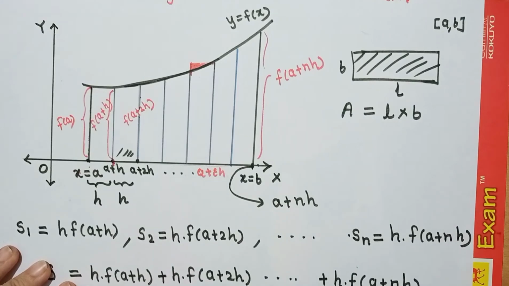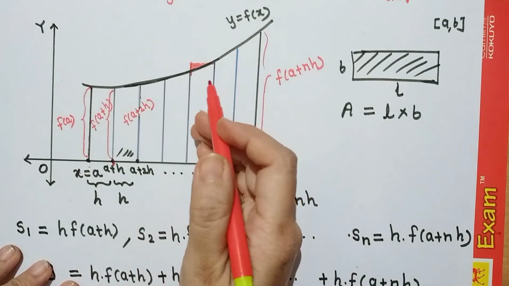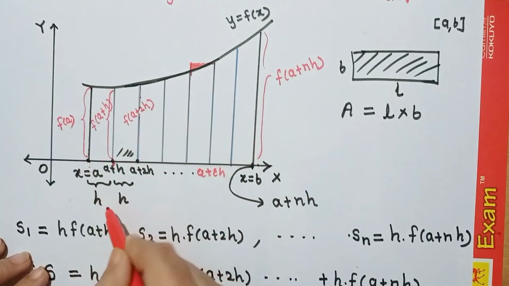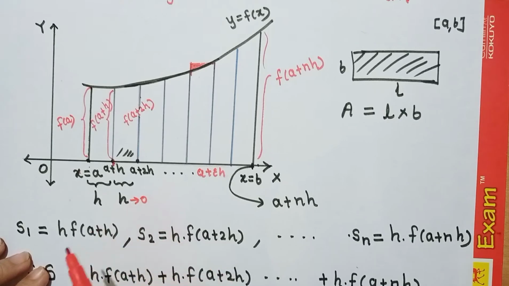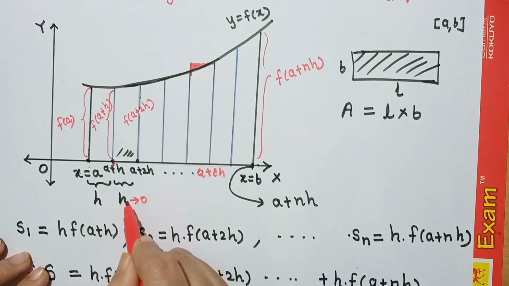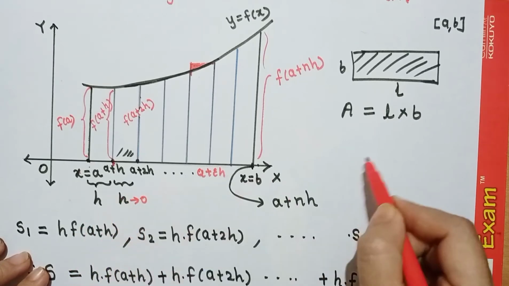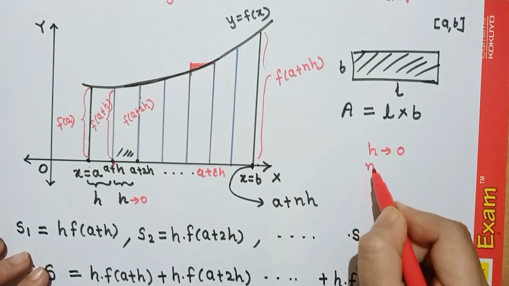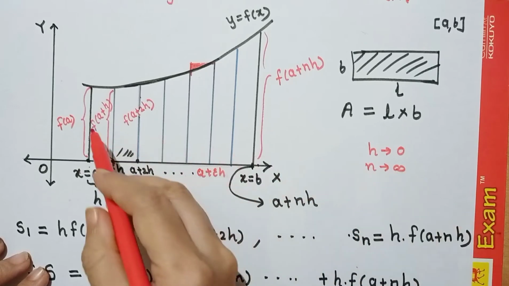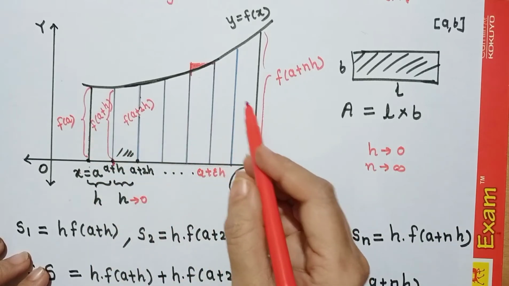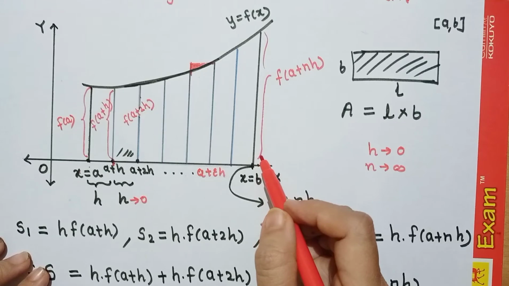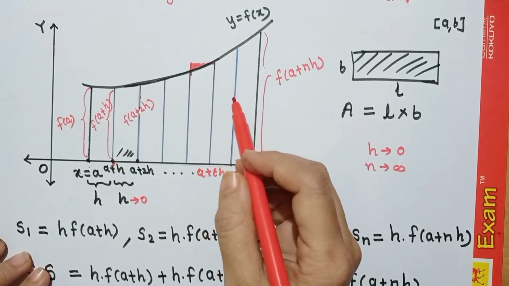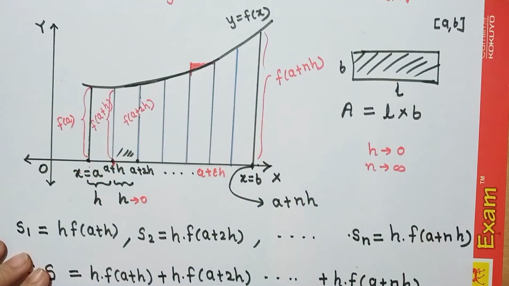To get a better approximation, we have to take these rectangles very close, that means this width tends to 0. If we are taking h so small, when h tends to 0, n tends to infinity. That means we are getting infinitely many rectangles, and then we get a better approximation and a more correct value of the definite integration.